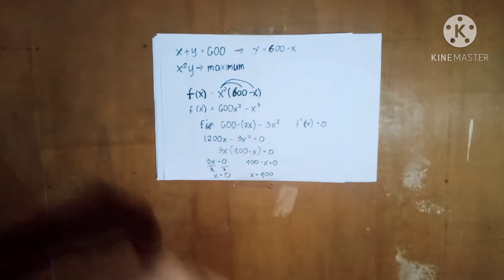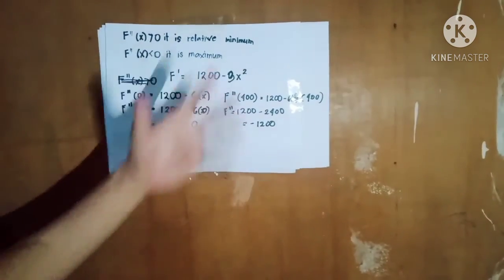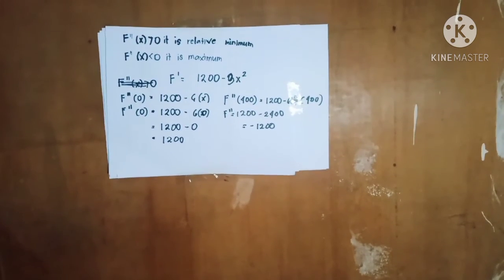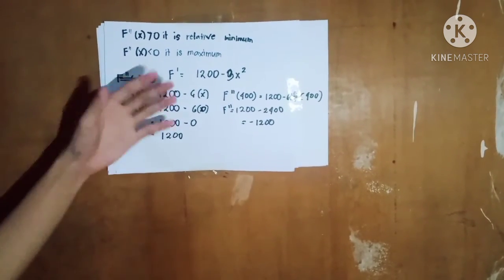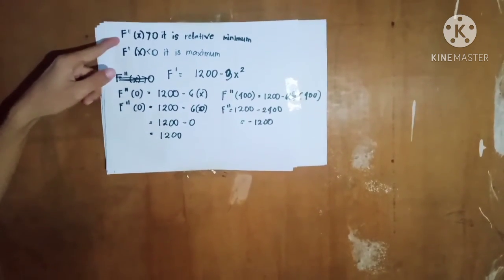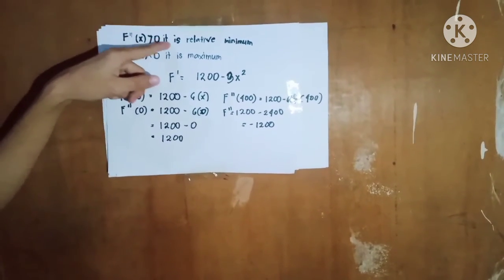Then, para malaman natin if it is a relative minimum or a relative maximum, kailangan natin kunin ang second derivative ng ating function. So, if f double prime x is greater than 0, it is a relative minimum.